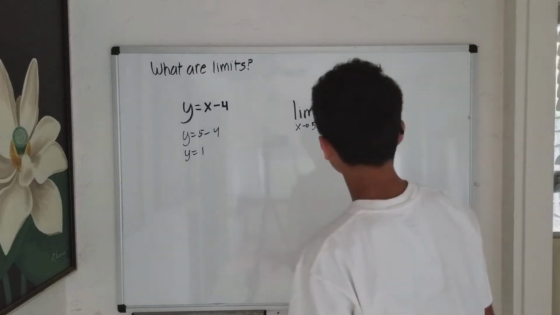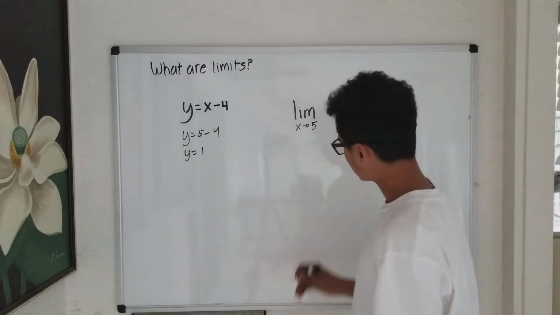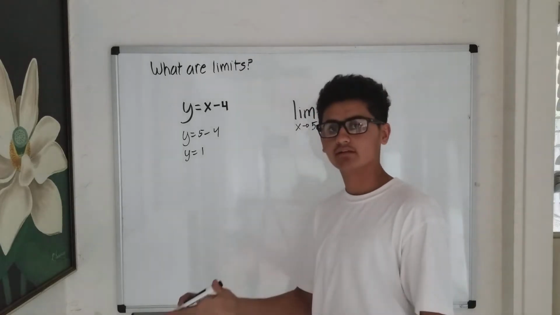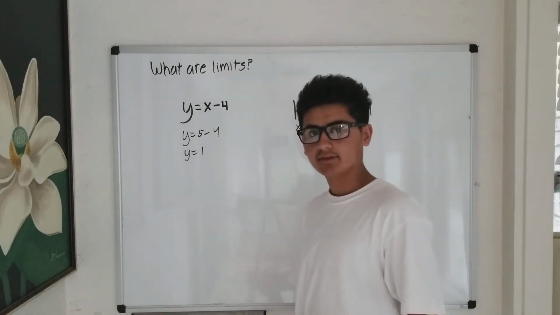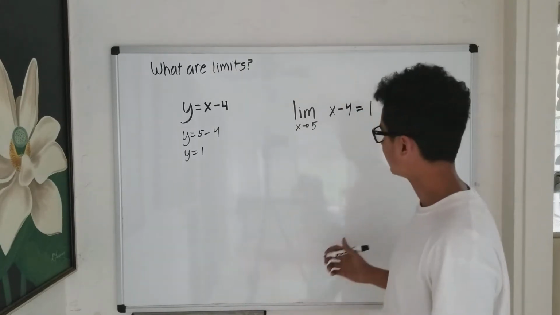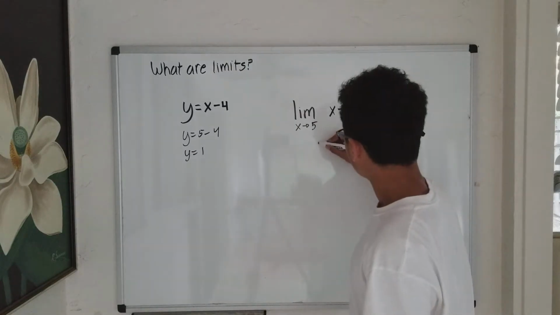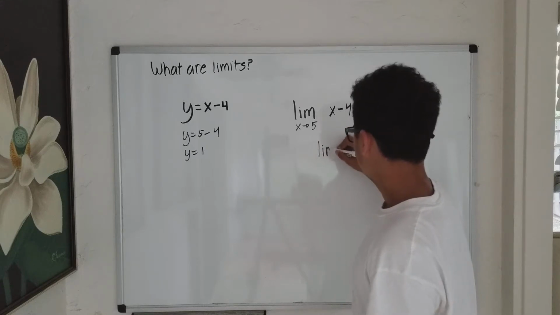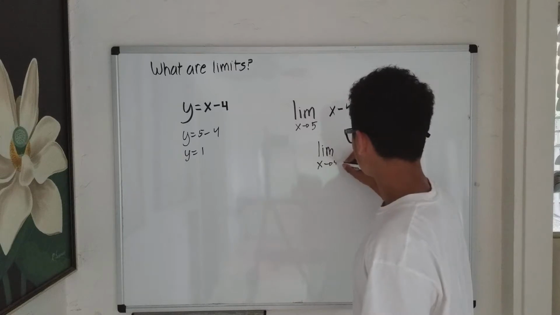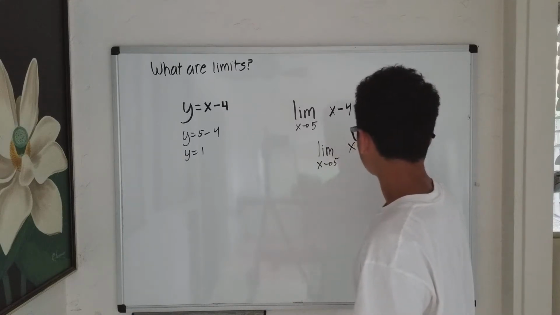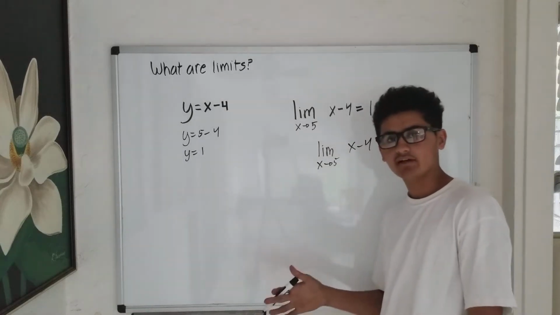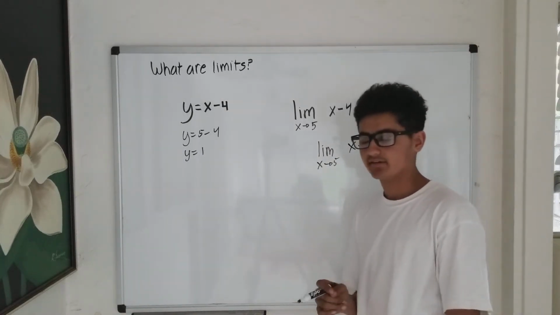Let me get into a more complicated way of writing it, which is going to be used further down in calculus, but it's good to know anyway, just in case you get a pop quiz in class. We're still going to have x approaches 5 of x minus 4. But let's say I only want the values from the right side of 5.